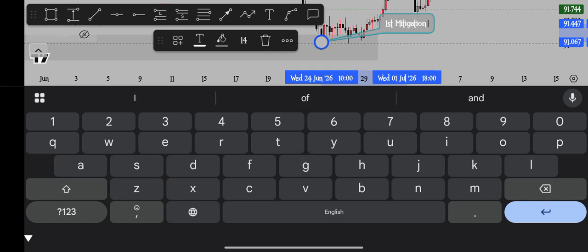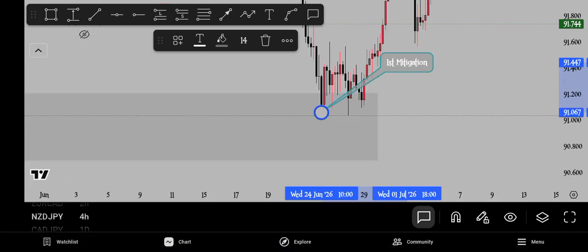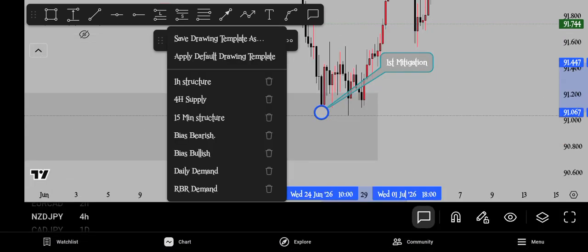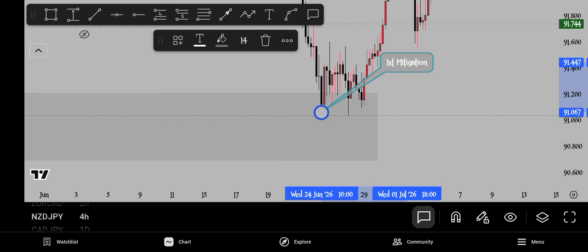This was our first mitigation. So we note our first mitigation on the 4 hour time frame.